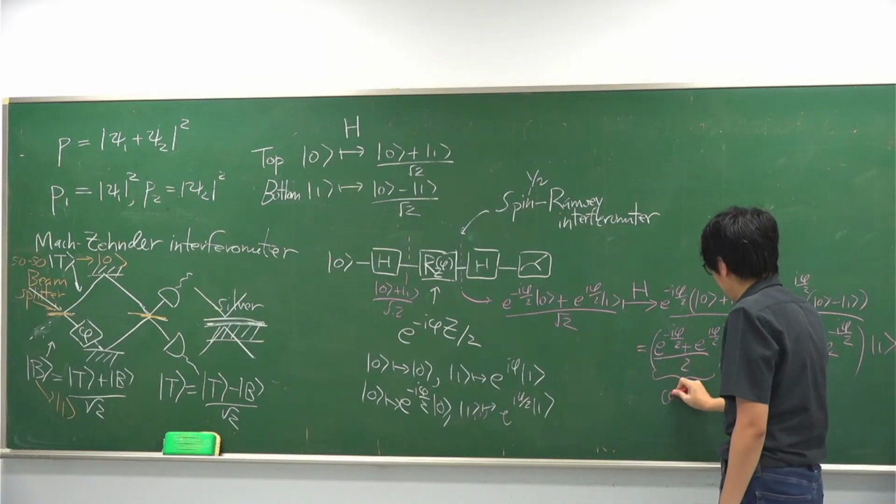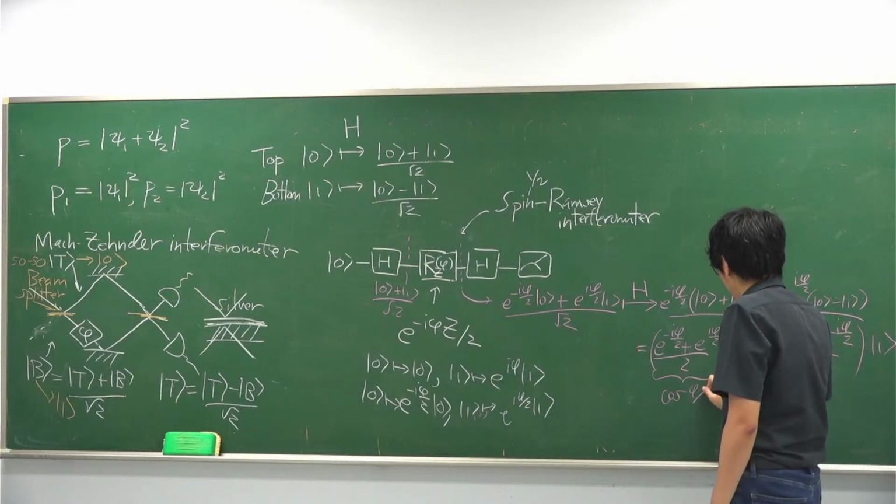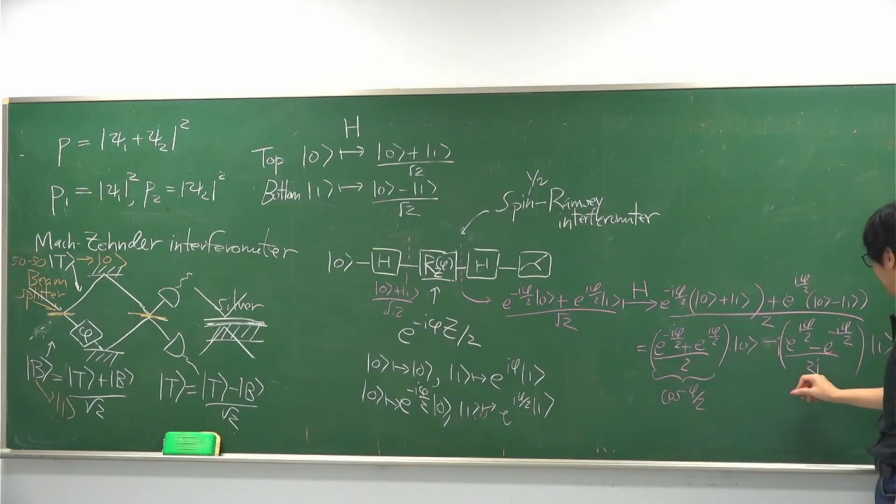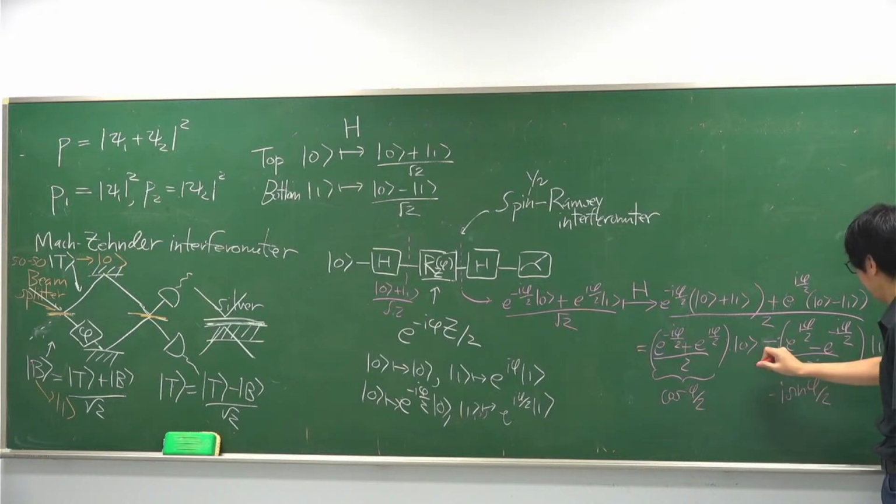Yeah, of course, right? This is the cosine of phi half, and this is this whole thing.